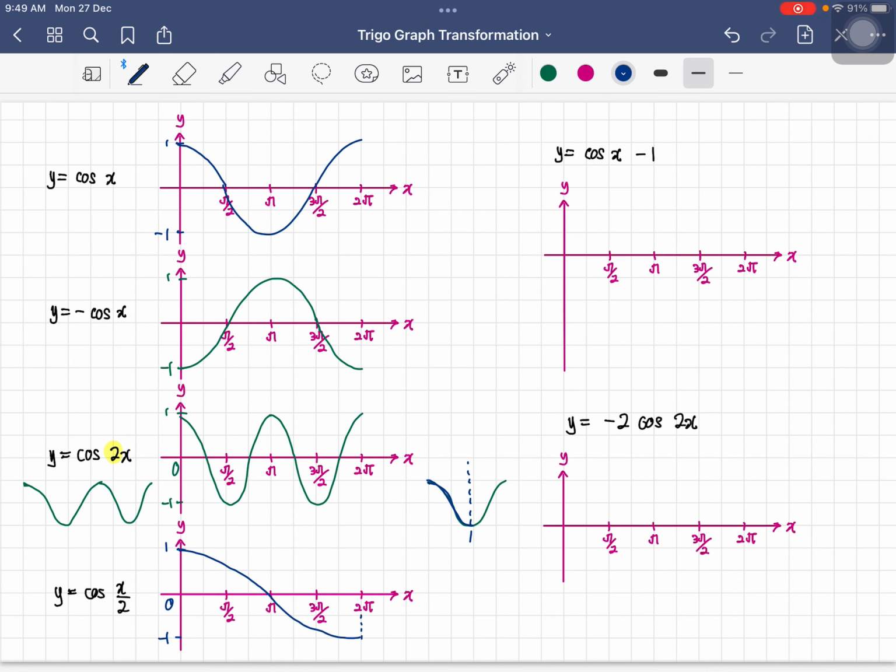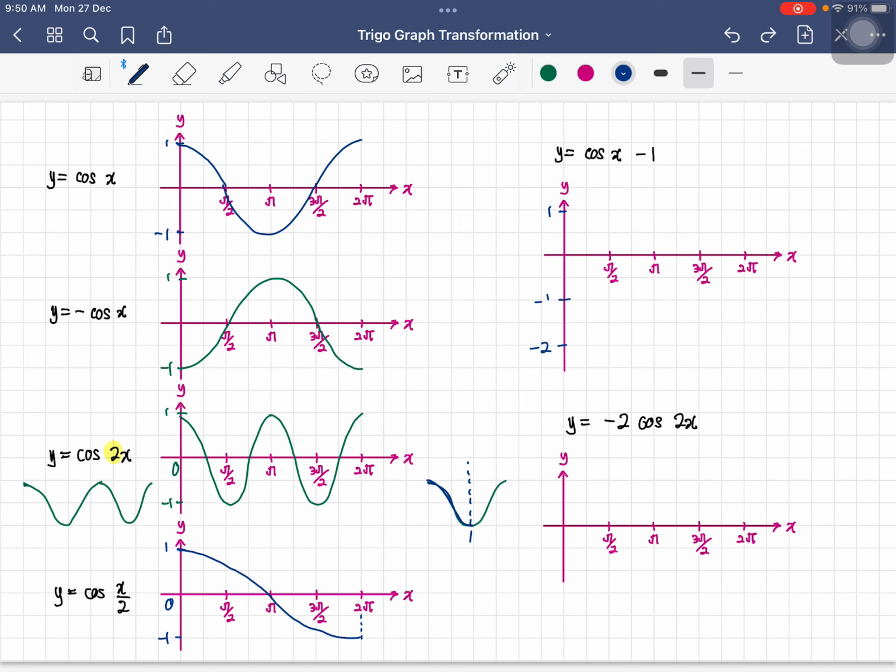And then if you have cos of x minus 1, suppose this is 1 and this is -1 and this is -2, that means you are going to shift the graph of cos downwards by 1 unit. Instead of sketching this one, you bring it downwards by 1 unit.